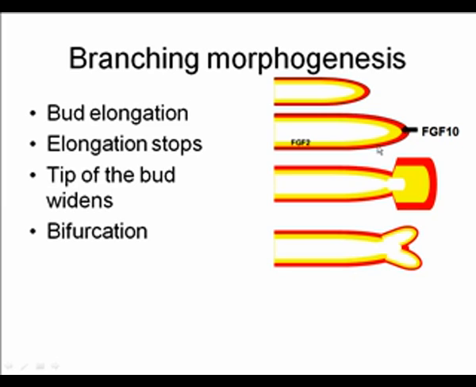Then the tips of that lung bud are going to widen, and finally they are going to bifurcate. It's not really well worked out what the factors are that influence these different stages, especially the widening of the lung bud and then its bifurcation.